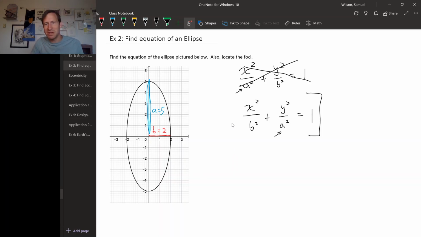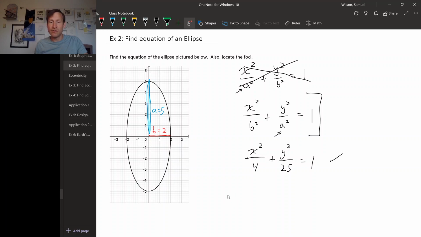So now we know a and b, we can just dump them in here. So x squared over 2 squared is 4, plus y squared over 5 squared is 25, equals 1. So there's the equation of our ellipse.